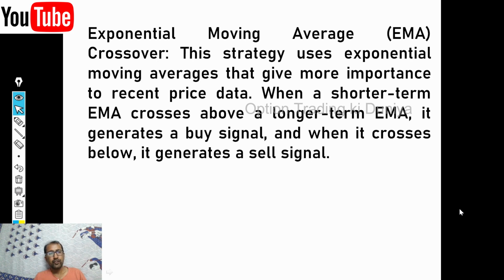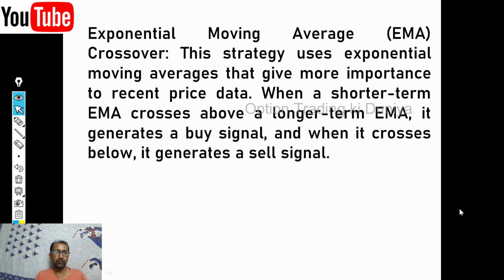If the shorter term EMA crosses the longer term EMA from below, it generates a buy signal, and if it crosses from above, it generates a sell signal. In our trading terminology, it's very clear that if the shorter term trend is becoming stronger, then go for a buy. If the shorter term trend is cutting from above, it is becoming weaker, so you sell.